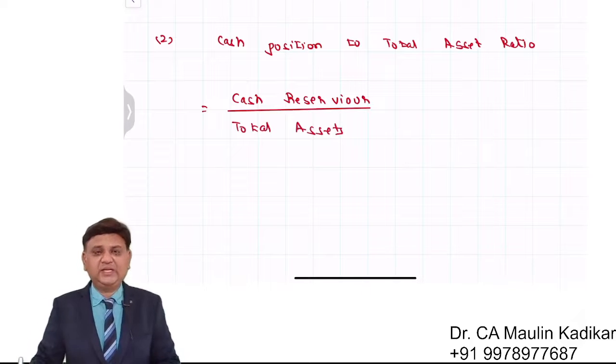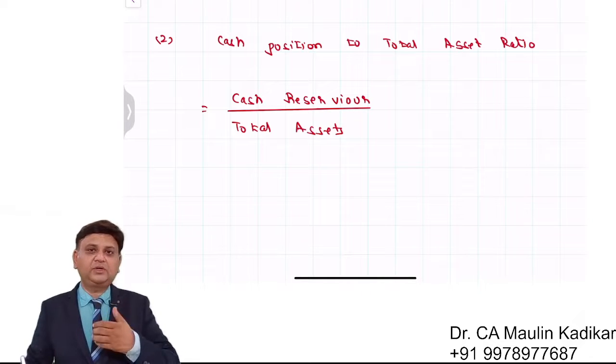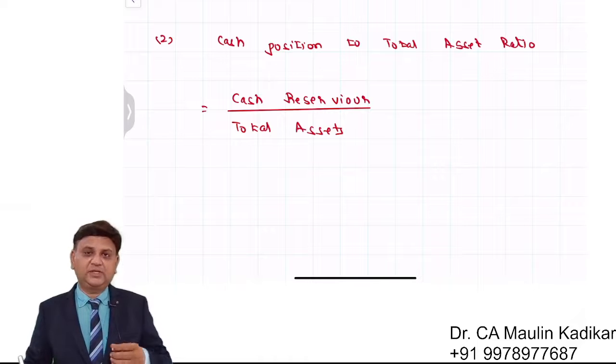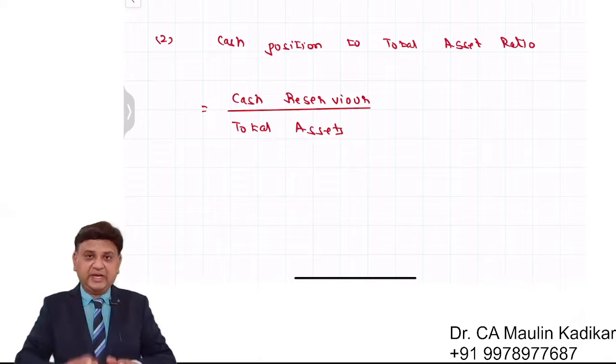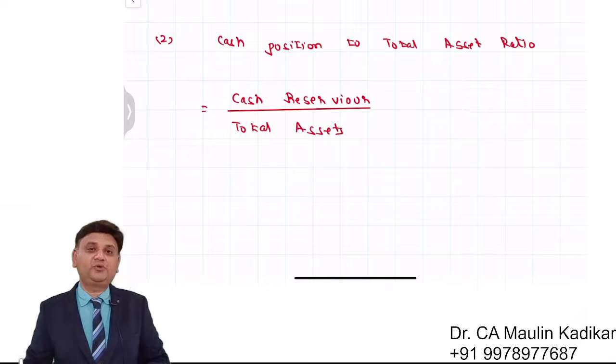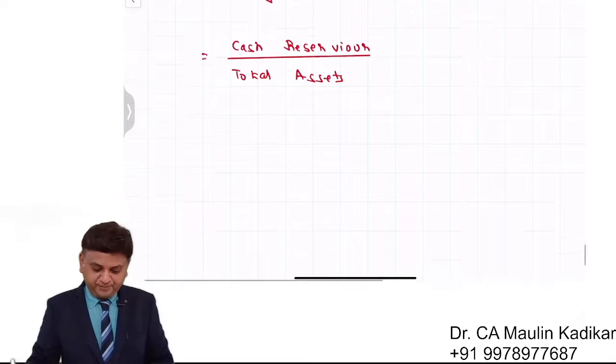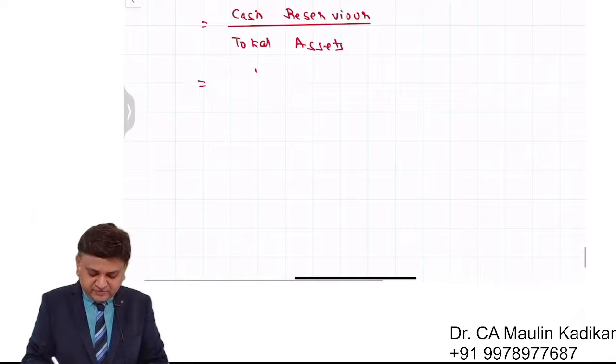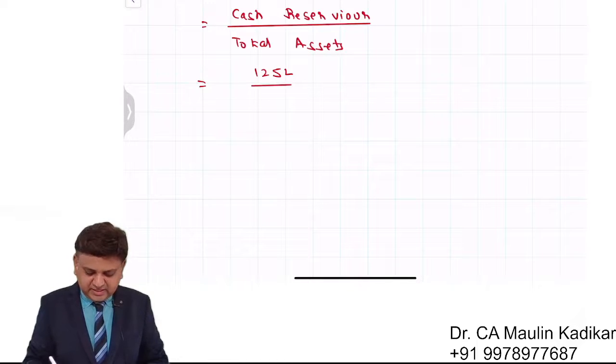So this ratio is indicating what amount of funds we have in the form of cash from every 1 rupee of total assets in the business. It is an amount of 125 lakhs and the total assets is 810 lakhs.